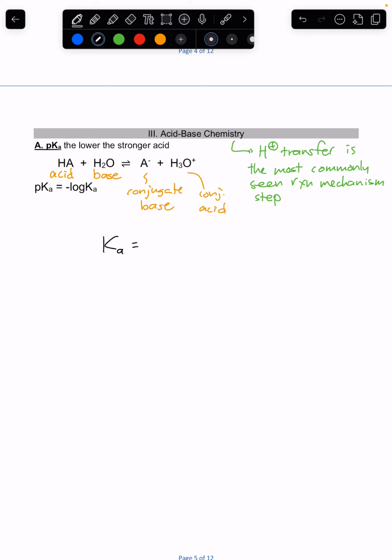Remember, equilibrium constants are defined as product over reactant. The products here are A minus, the conjugate base concentration, times the conjugate acid, and the reactant is HA.